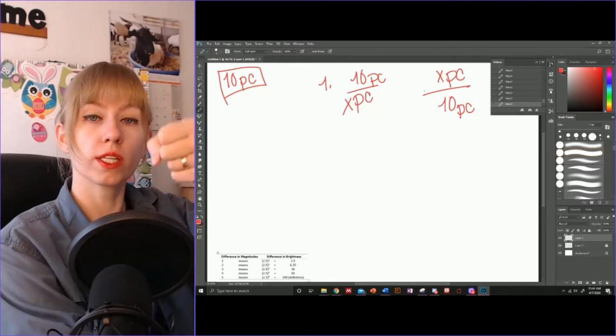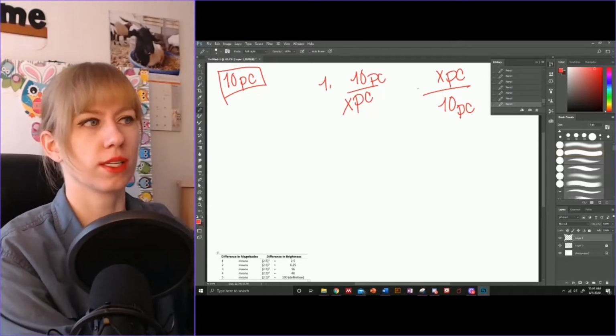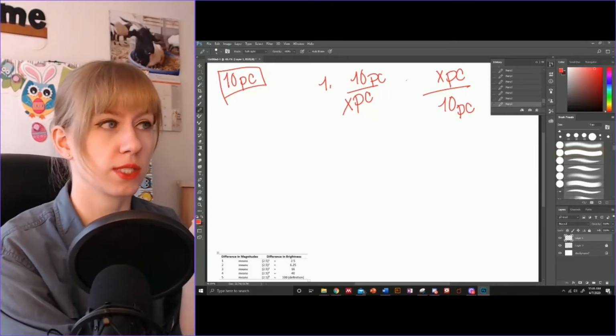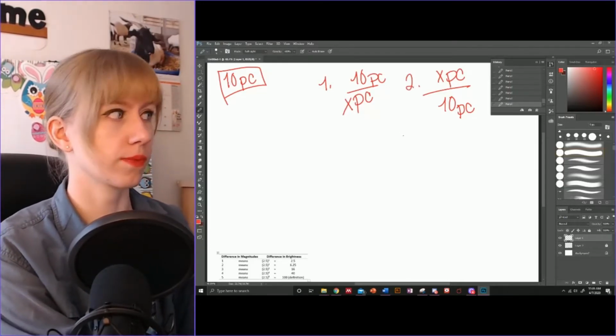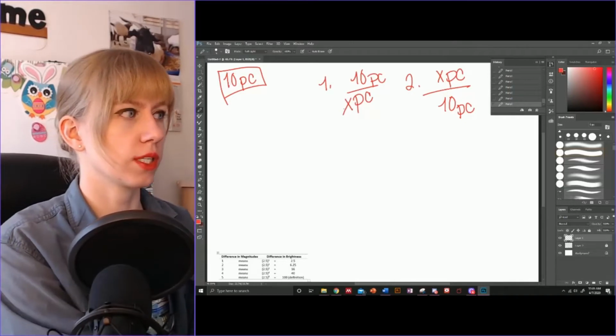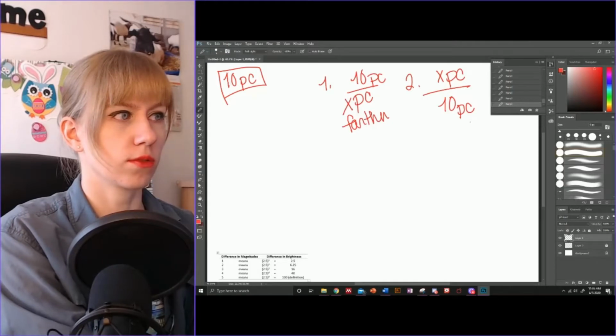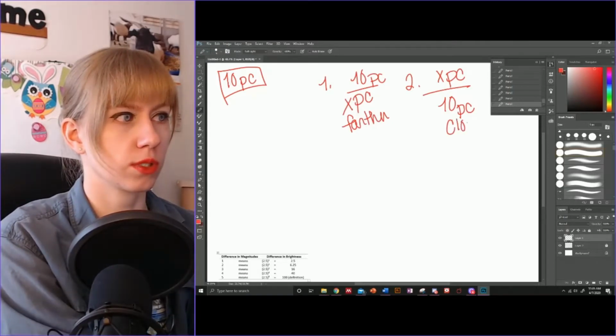If you are pulling the star towards you because it is far, far away, like 4,000 parsecs away, and it needs to come closer to become 10, you are going to use number 2. So this one means we're pushing away, so it needs to go farther, and this one means we're pulling, so it needs to come closer.